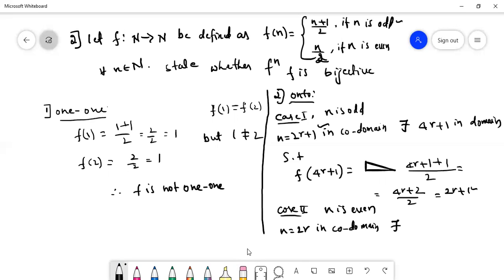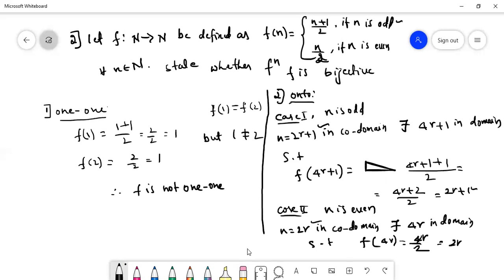Then there exists 4r in the domain such that f of 4r is equal to, 2r is even. Even means n by 2, nothing but 4r by 2. That is, 2 gets cancelled, that becomes 2r. So you got the 2r.